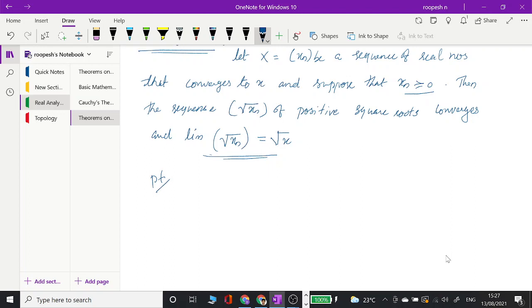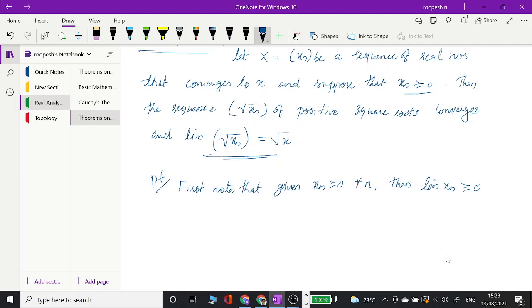First note that, given xn greater than or equal to 0 for every n, then limit of xn is greater than or equal to 0.